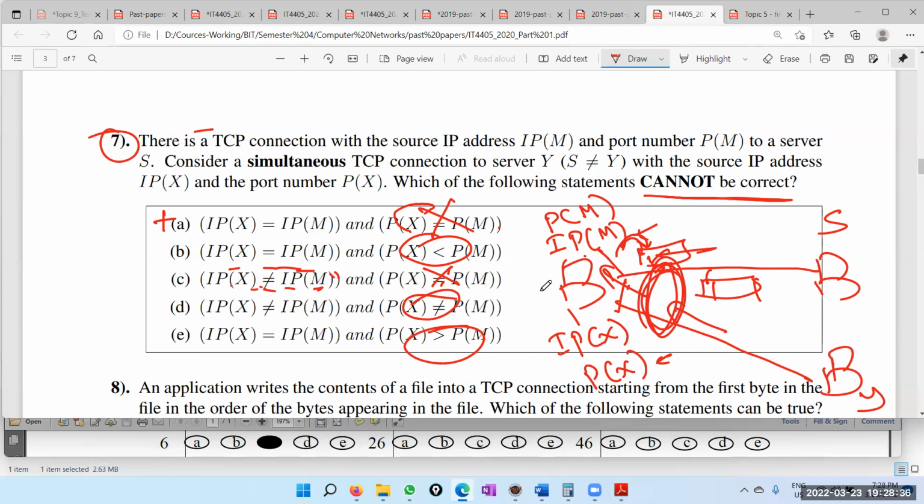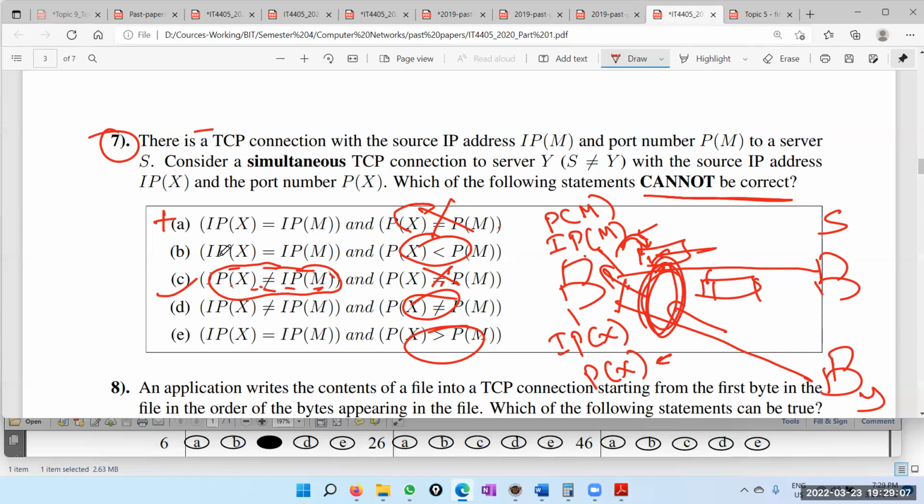If the port number is the same, at least the IP address has to be changed, and that has to be configured by other networking software. So though this looks like it cannot happen, since the IP address is different, there's a remote possibility. It very rarely happens, but it can still be identified as unique because the connection is represented by a combination of IP address and port number.